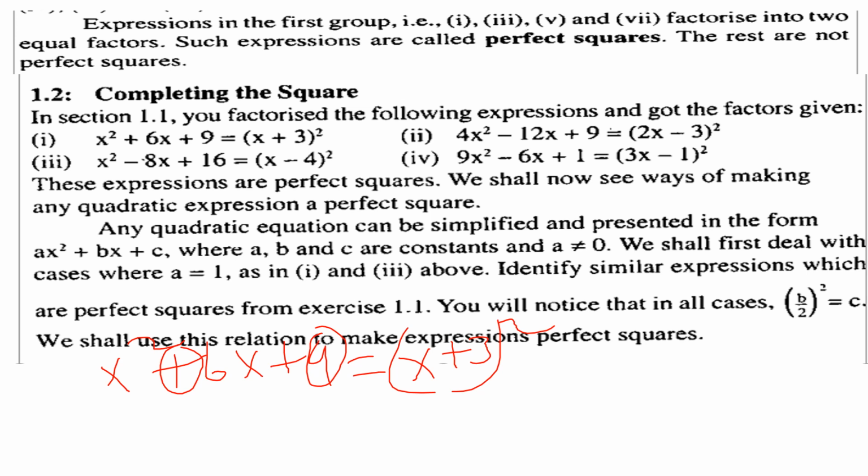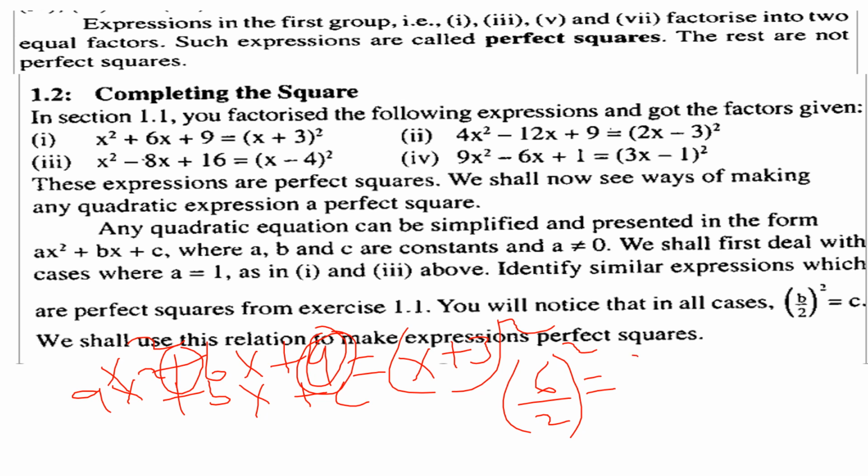And what you are also going to realize here is that if this one is our a x squared then plus b x then plus c, if you take the value of 6, then you divide it by 2, and then you square it, this will result in the value of this 9 here.